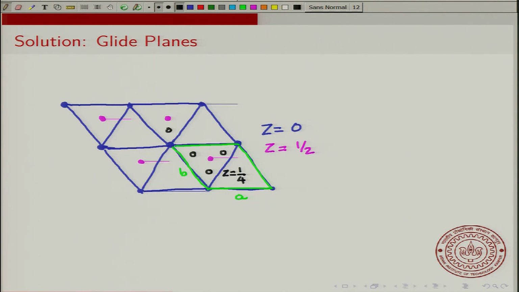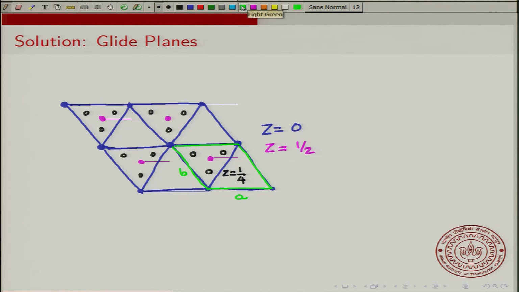And there would be inversion centers here. Sometimes we choose unit cells so that this center of inversion is naturally captured.